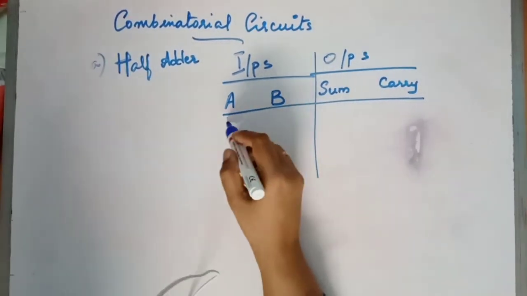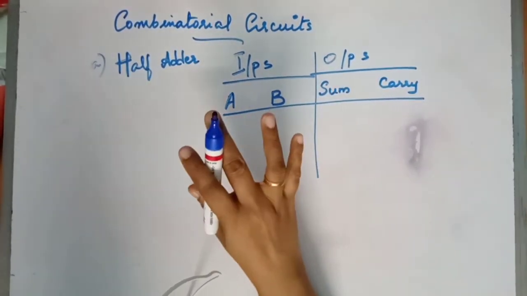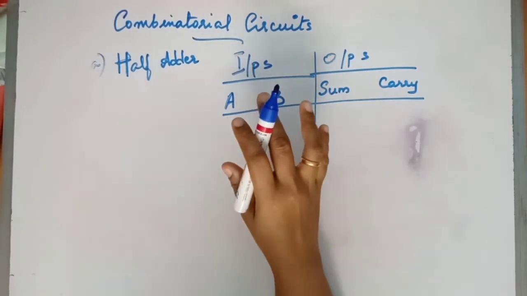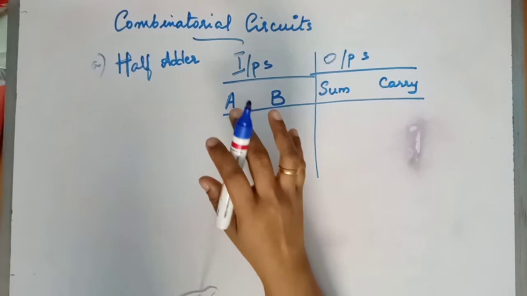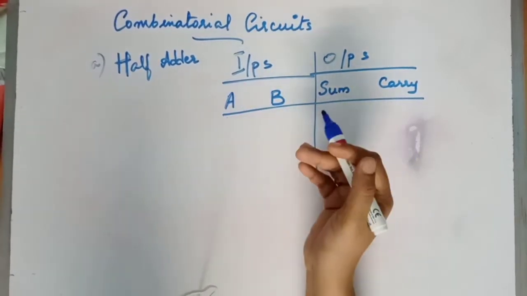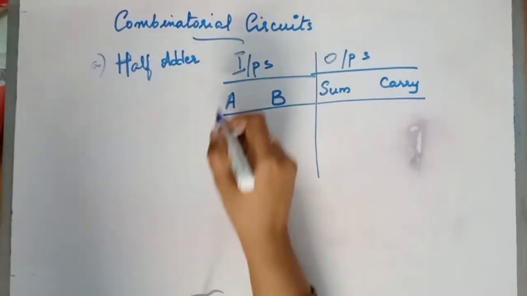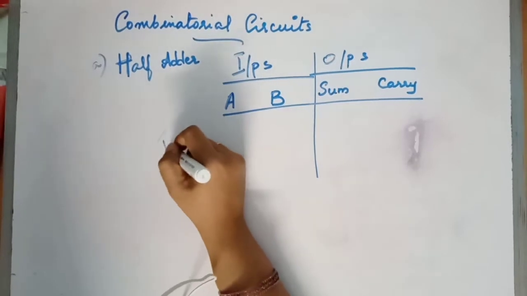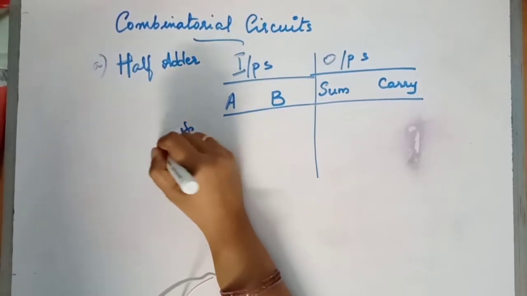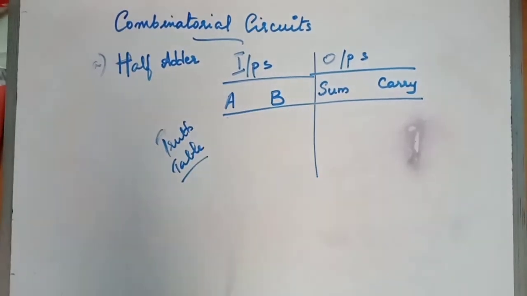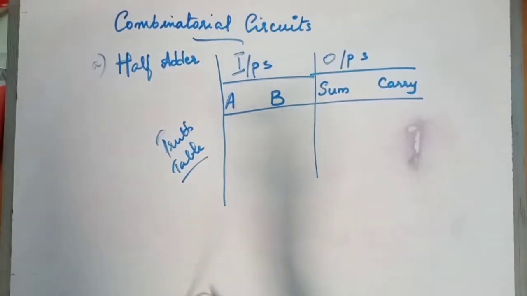Now, since you have two inputs, for any such combination circuit, you will know the nature of behavior of that particular circuit. So from that you can write the truth table. First of all we'll write the truth table. From the nature of the circuit we know how many inputs are there.